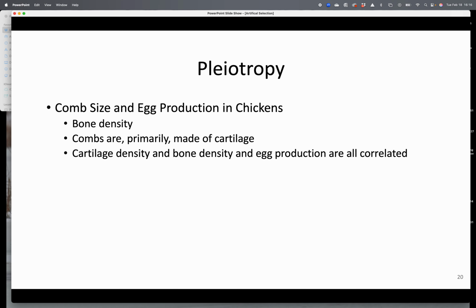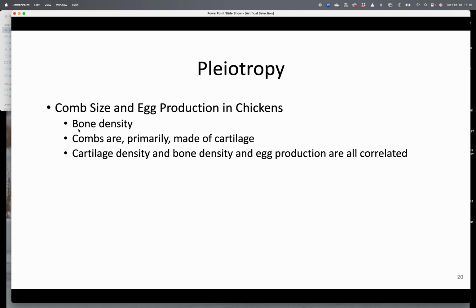An example from your textbook is comb size and egg production in chickens. The comb is that fleshy appendage on the top of the head of a chicken. And egg production, of course, is all about producing eggs, but eggs are surrounded by a shell that is made up of calcium. It turns out that there are genes that affect bone density, and the genes that affect bone density are actually genes that affect the expression and development of cartilage.